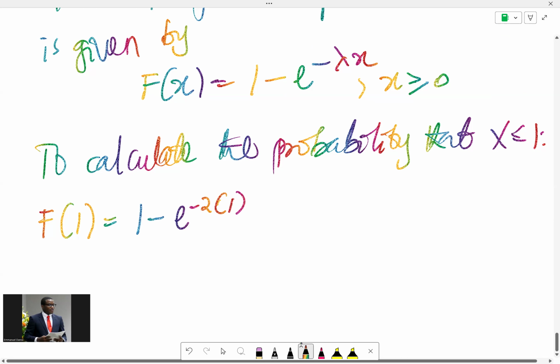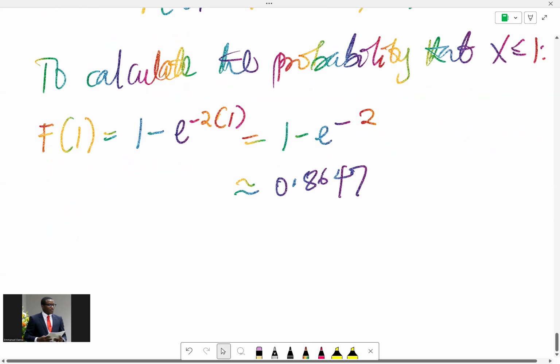Lambda is 2, and here x is 1. So that simply means we have 1 minus e raised to the power minus 2, and that is approximately 0.8647.